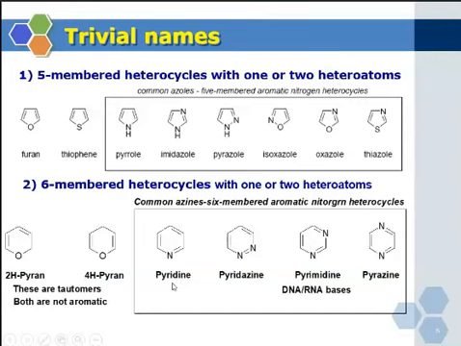Let us have a recap of these four heterocyclic rings. First, pyridine. Second, pyridazine. Third, pyrimidine. And fourth is pyrazine.